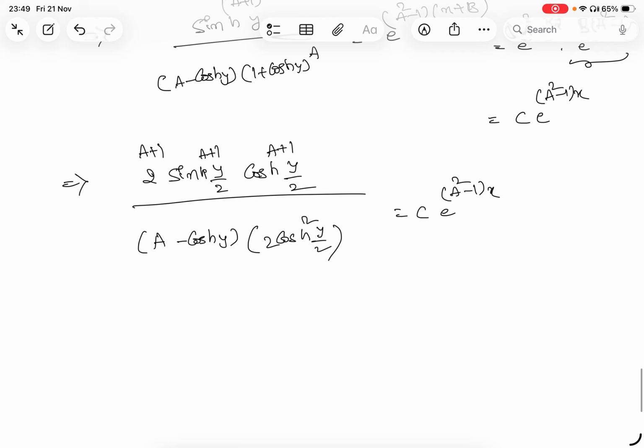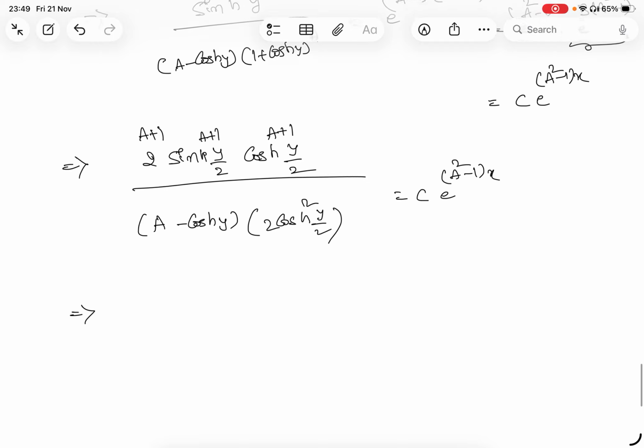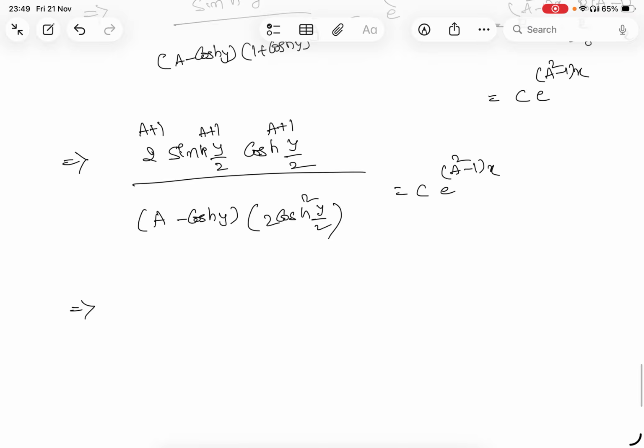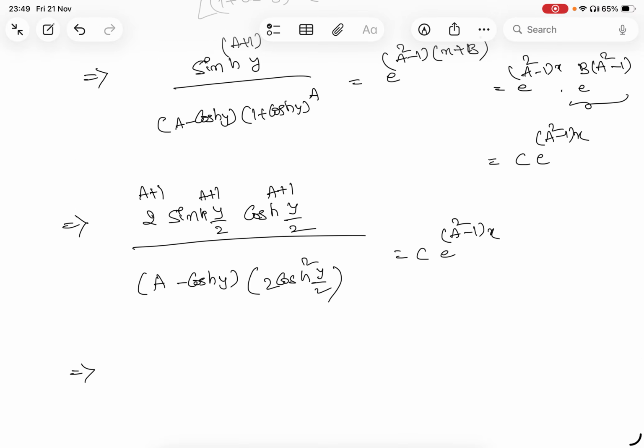Fine. Now this can be written as 2 cos square hy by 2, right? Did I miss something? Oh, sorry, there is a power a, right? So 1 plus cos hy whole power a, then this becomes 2a.